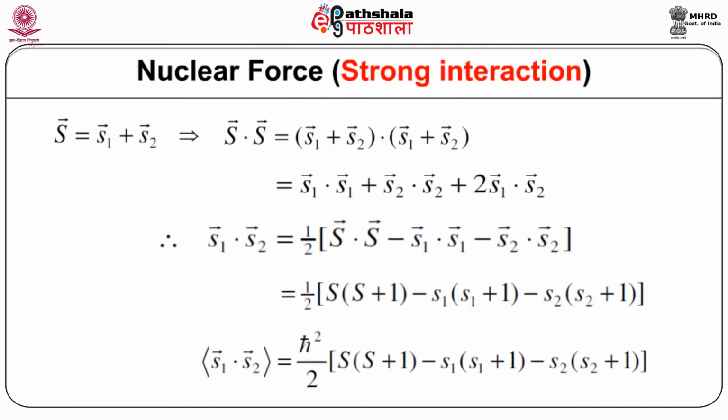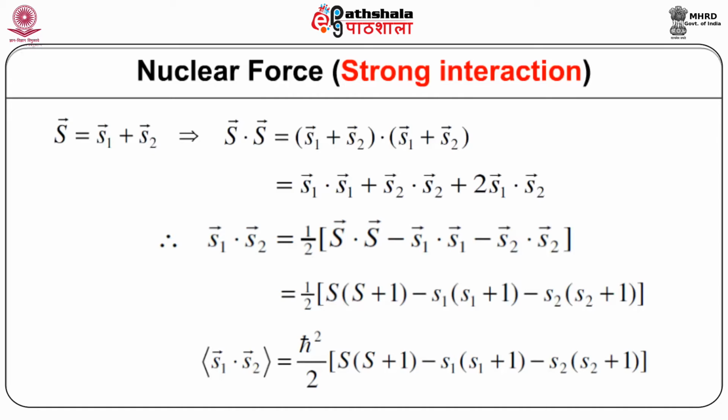Now in this slide, we are going to discuss the possible components of the spin term in the nuclear interaction. As we have seen in the previous slide, not all combinations of S1 and S2 are possible. The only possible components are S1 dot S2 and S1 square dot S2 square. So in this slide, we are going to find the expectation value of the S1 dot S2 component.